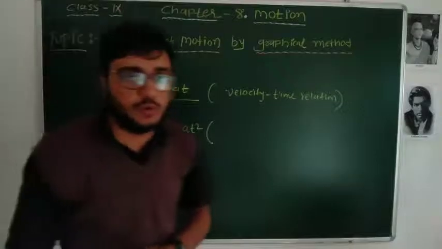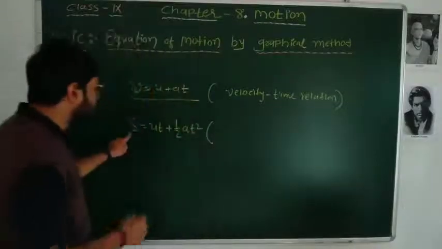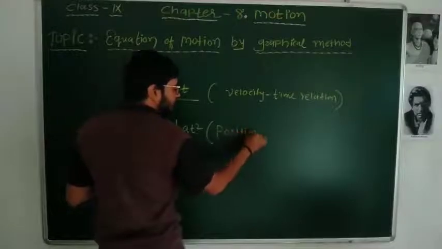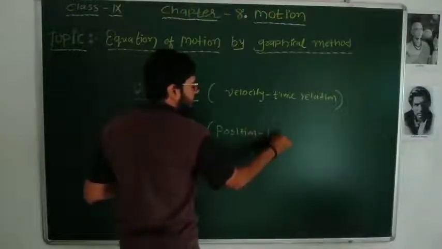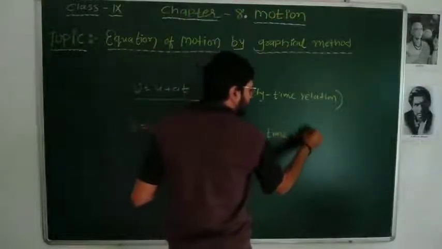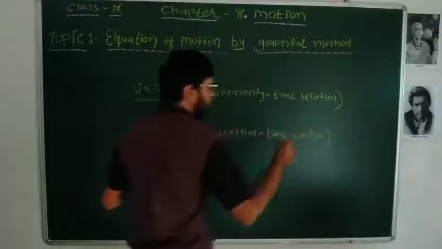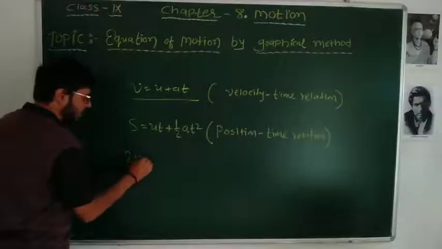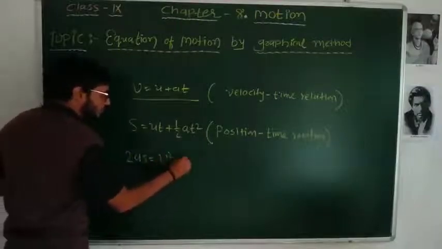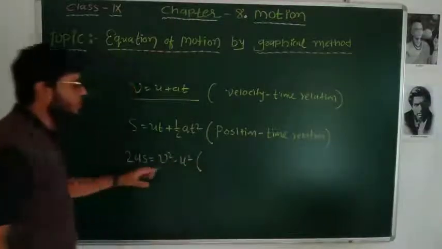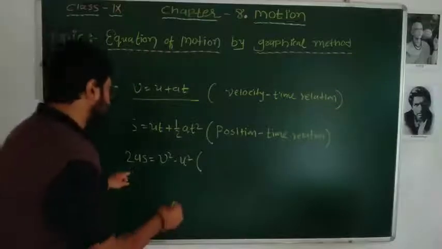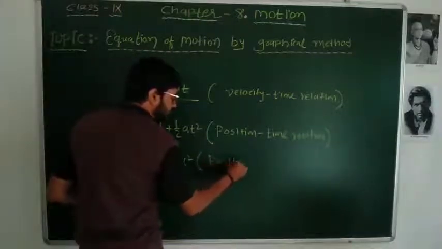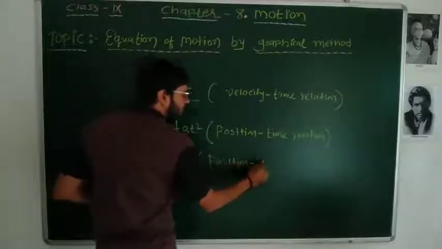This second equation of motion describes the position and time relation. And the third equation of motion is 2AS = V square minus U square, which describes the position and velocity relation.